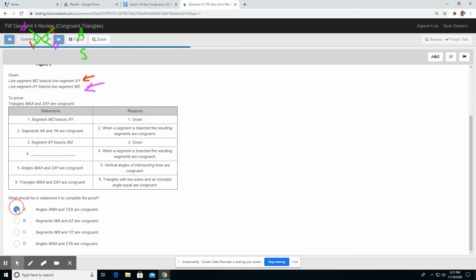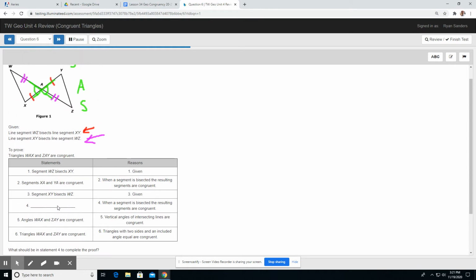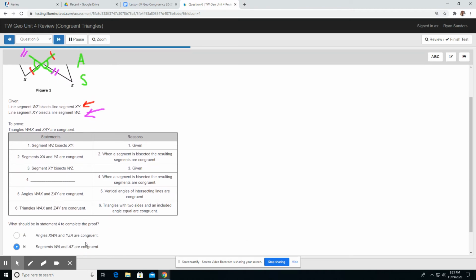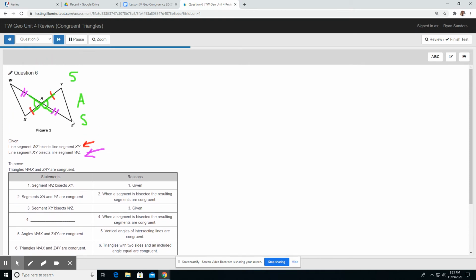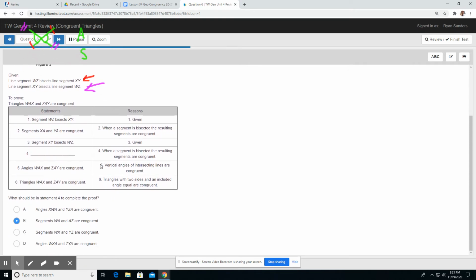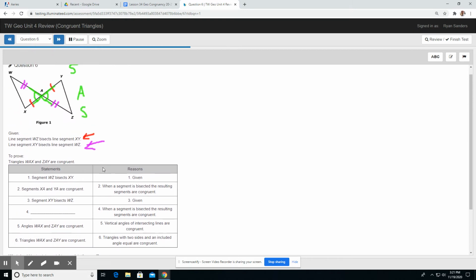Let's make sure there's nothing else. Notice if I multi-click, it gives me options. So it has to be just that one. But let's look. Angles XWA and YZA are congruent? Nope, they never gave us anything about that. WX and YZ?